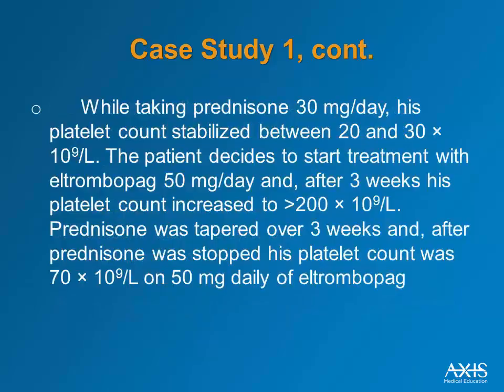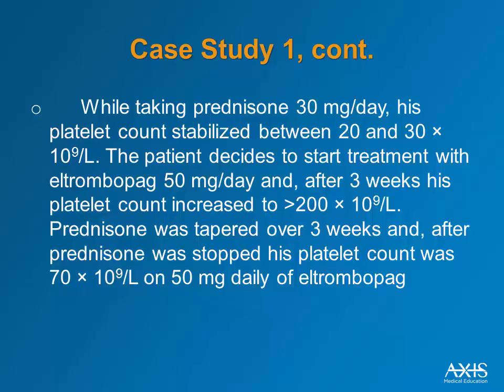While taking prednisone at 3 milligrams a day, his platelet count stabilizes between 20 and 30,000, so he chooses initially prednisone, and he decides after that to start treatment with eltrombopag 50 milligrams a day. And on the combination, as previously mentioned by Dr. Bussell, of both steroid and a thrombopoietin receptor agonist, his platelet count rapidly increases to greater than 200,000 per microliter.